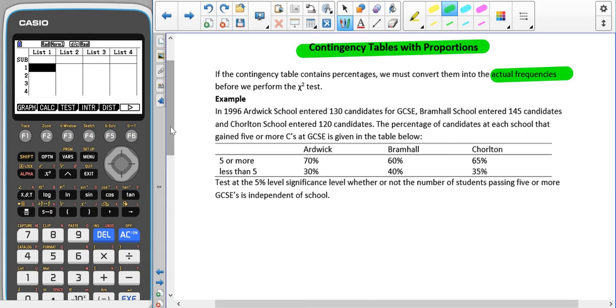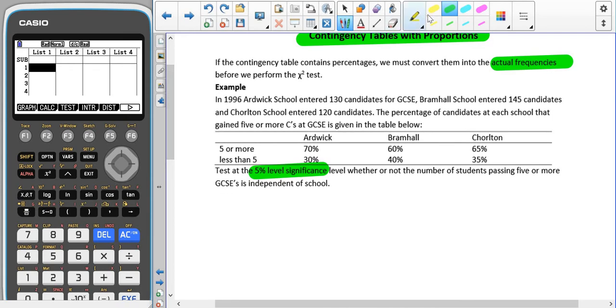And then we're asked to test at a 5% significance level whether or not the number of students passing 5 or more GCSEs is independent of the school. So we know that we're going to have to do the chi-squared test because it mentions independent. We're not looking for a correlation or anything like that. It just says independent, so that means that we're going to have to do the chi-squared test.